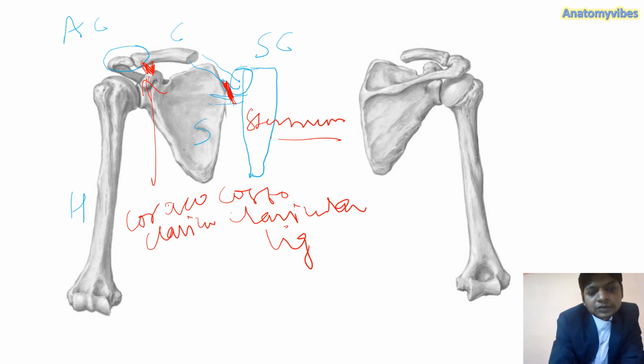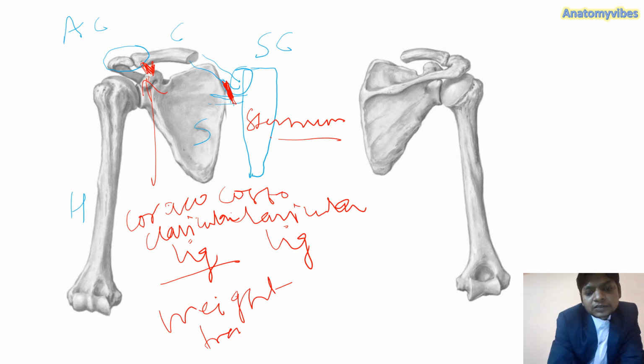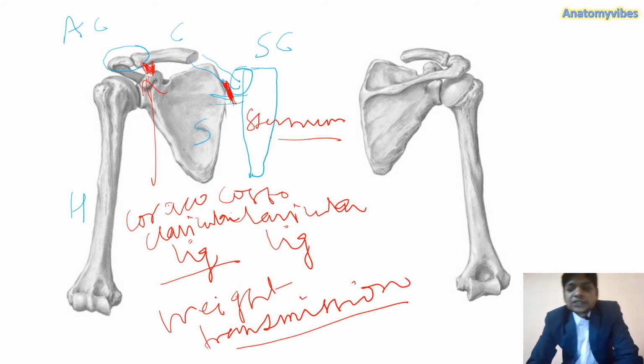This ligament is very important because it helps in weight transmission. So this ligament should be remembered because it helps in transmission of weight from upper limb to axial skeleton.